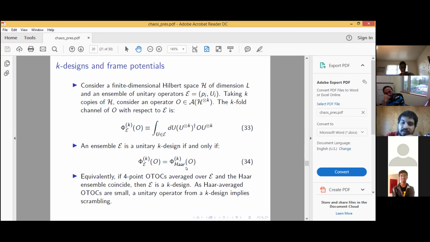That would indicate that the first k moments of this ensemble are equal to the first k moments of the Haar ensemble. So an equivalent statement would be that the 4-point OTOC averaged over the ensemble E and the 4-point OTOC averaged over the Haar ensemble coincide. In that case, we can say that E is a K-design.